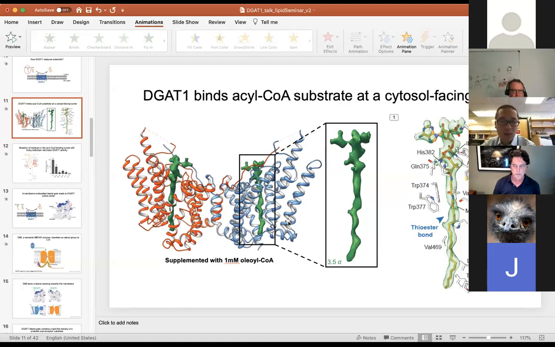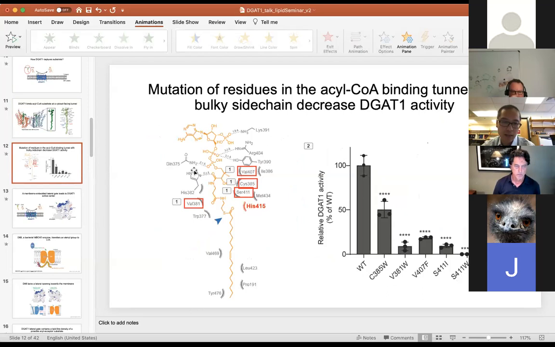Right. So indeed, we do see weak interaction for the acyl chain here, and the activity mostly occurs here. So we do believe the coenzyme A portion is a major contributor for the recognition. And when we did the activity assay with a shorter acyl chain, the activity is much less compared with the longer chain.